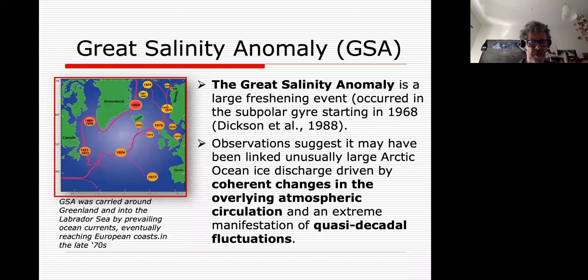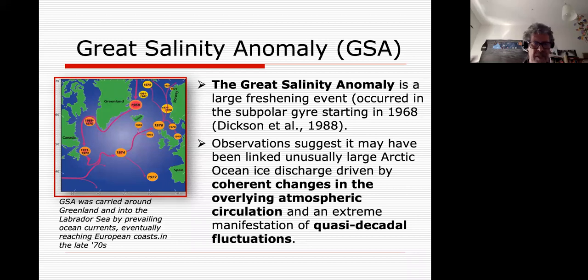Most probably, the origin is not fully known, but observation suggests that it might have been generated by an unusually large Arctic Ocean ice discharge. And this is connected to atmospheric circulation and an extreme manifestation of quasi-decadal fluctuation.